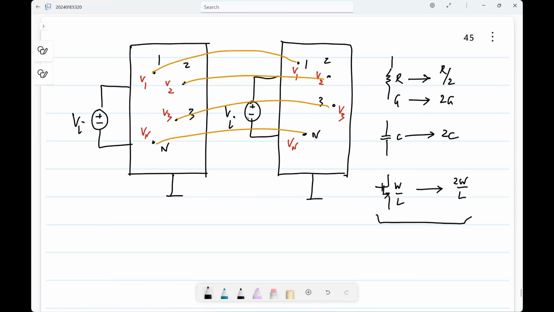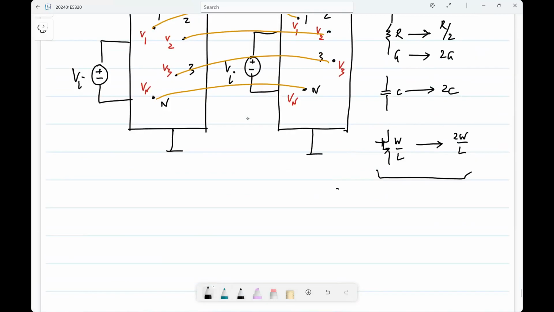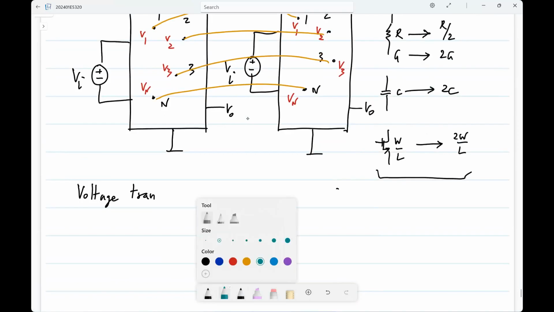So now what happens to current transfer functions? So in this case, let me just take one of them as the output VO. I would have connected that node also. It can be anything. I mean, this is some arbitrarily designated output node.